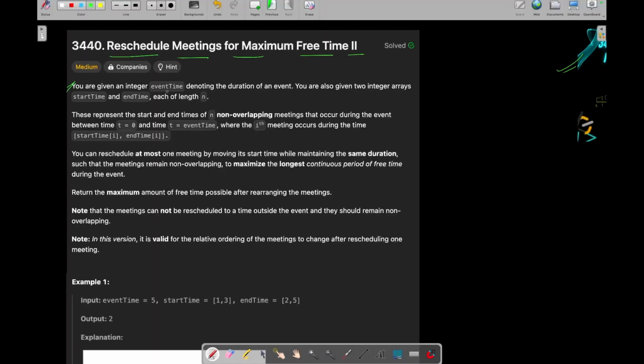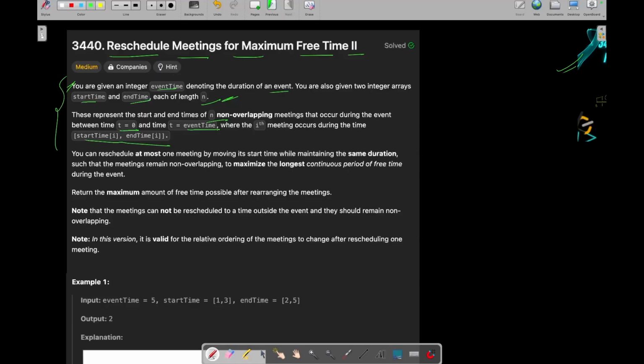In this question, you are given an integer event time denoting the duration of an event, and you are also given two integer arrays, start time and end time, each of length n, similar to the previous question. These represent the start and end times of n non-overlapping meetings that occur during the event between time 0 and event time, where the ith meeting occurs during this interval.